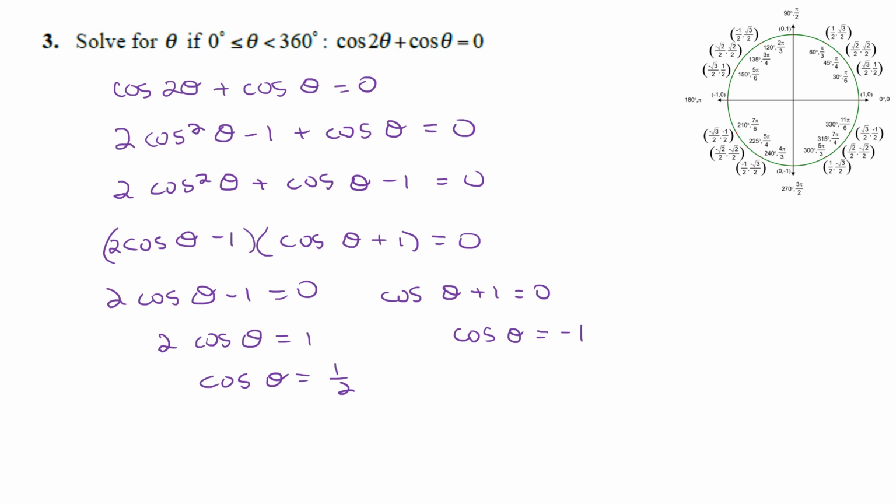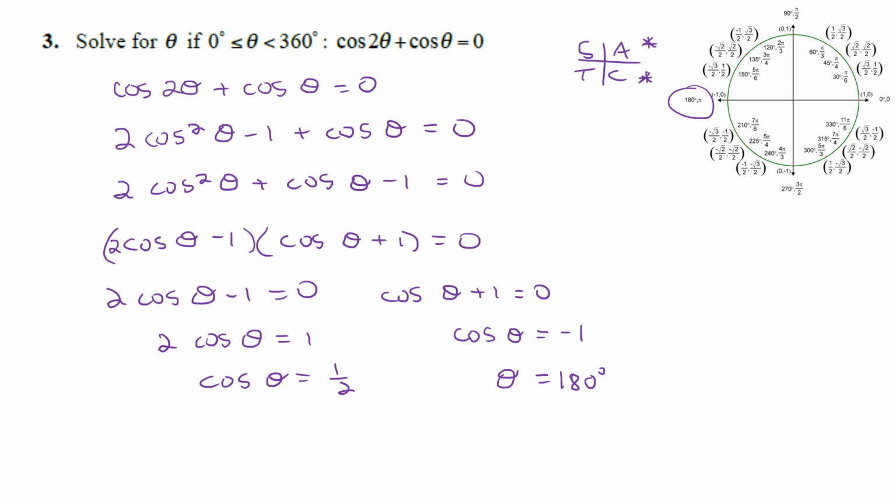So for -1, we know that the cosine of 180 degrees is -1. For 1/2, we want where cosine is positive. So let's all students take calculus. So that's going to be in quadrant 1 and 4.